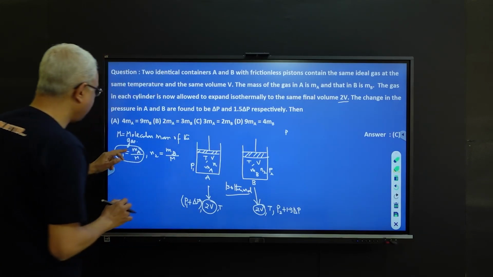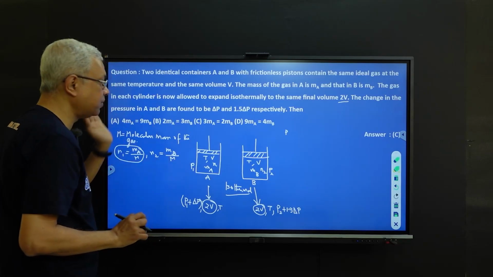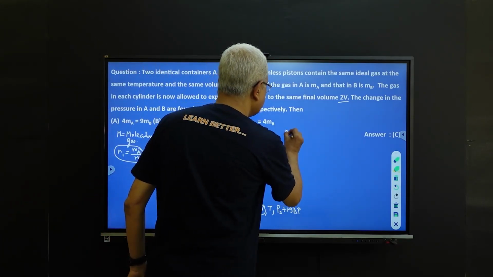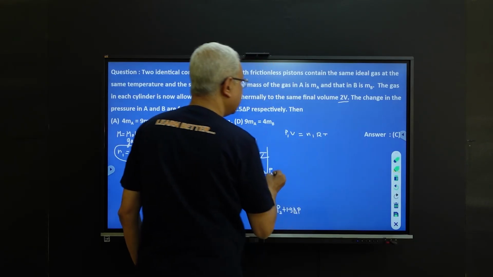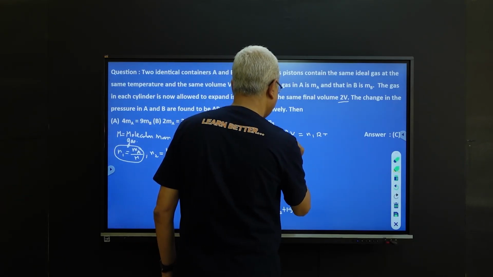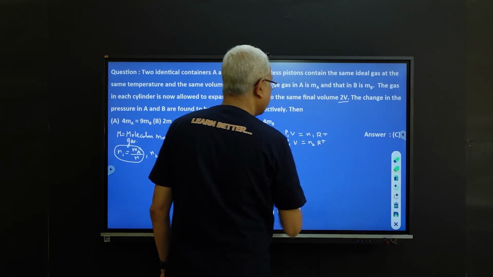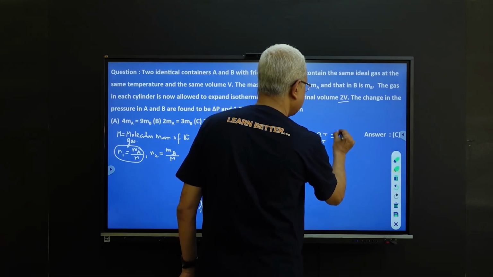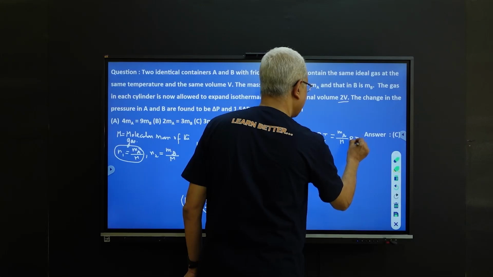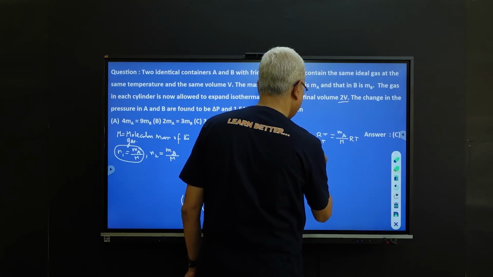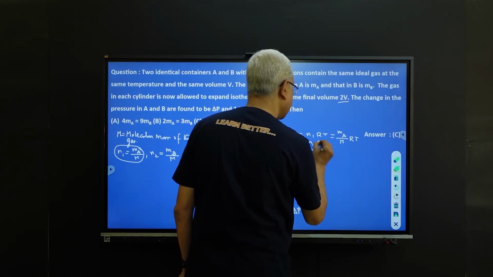Now the number of moles present in container A is Ma by M, whereas the number of moles present in container B is Mb by M. Now P1V is equal to N1 RT and P2V is equal to N2 RT. N1 is Ma by M, so P1V is Ma by M RT, whereas P2V is Mb by M RT.